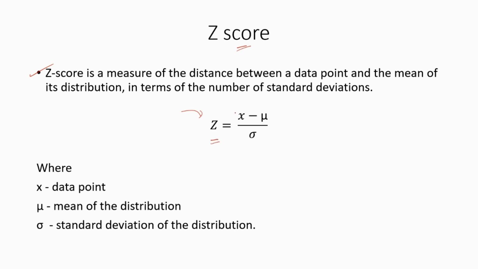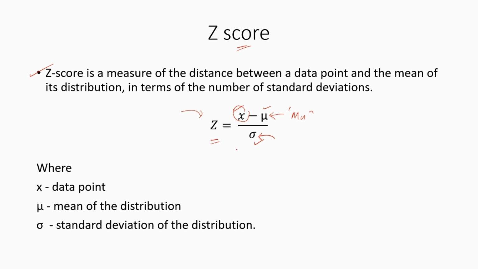Z-score equals x minus mu divided by sigma. X is the data point. Mu, this is a Greek letter, this is the mean value. And we divide this difference by the standard deviation. This is the sigma.